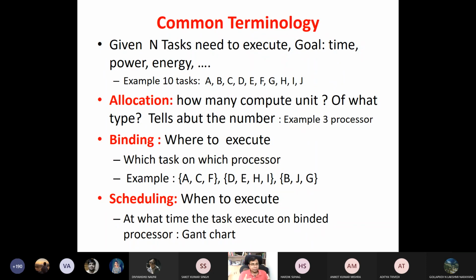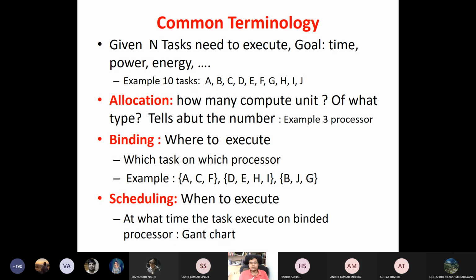That is called allocation. For example, for executing these n tasks, we allocate 3 processors, or 4, or 2 processors of this type and 1 processor of another type. So the first thing is allocations, which tells about the number.